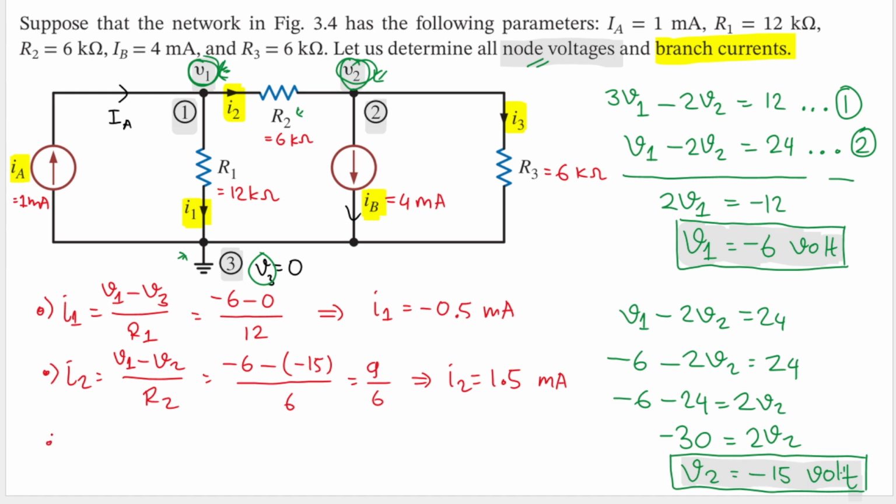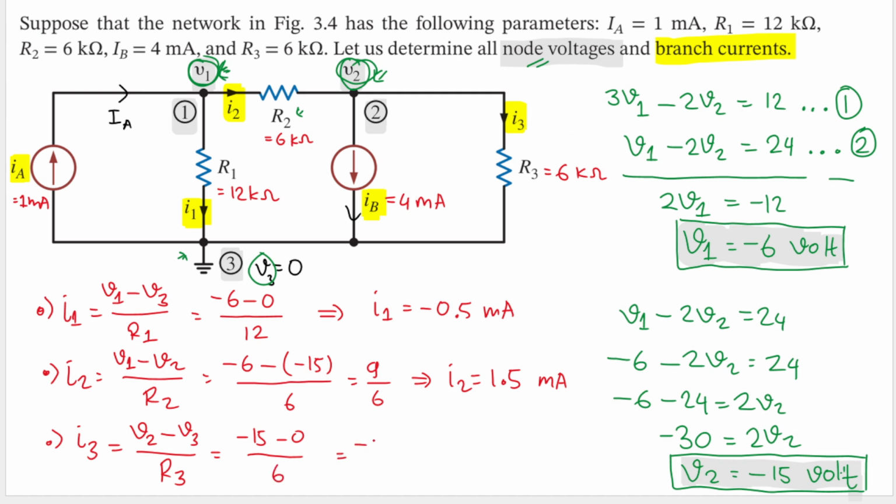Then what is I3? I3 is V2 minus V3 divided by the resistance between them, which is R3. What is V2? V2 is minus 15. And then minus V3. V3 is 0 because that is our ground. And then divided by R3, which is 6.